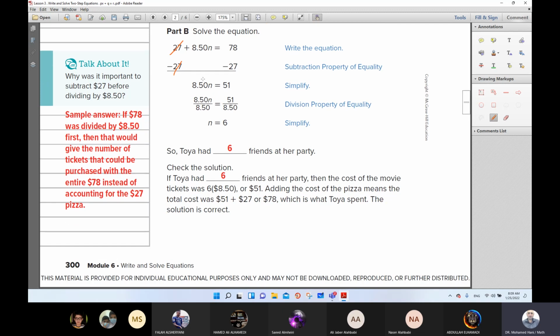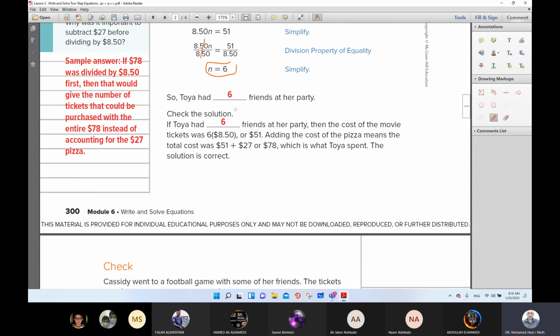The second step here, we want to remove the coefficient. So divide the two sides by the coefficient. Divide the first side 8.50n by 8.50, and on the second side we have 51 divided by 8.50. So n equals 51 divided by 8.50, which will be 6. So Toya had 6 friends at her party.